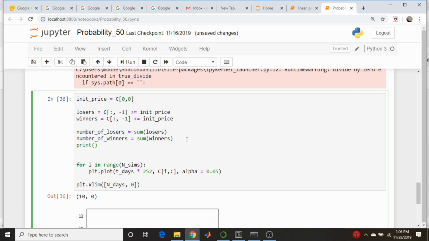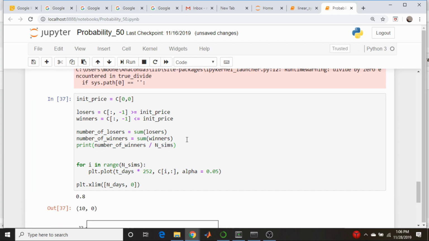Okay, so the probability of making a profit is the, print, it's going to be our number of winners divided by the total. So the number of losers plus the number of winners, but that's just our total number of simulations. So it should be n sims. And in this case, 80%.